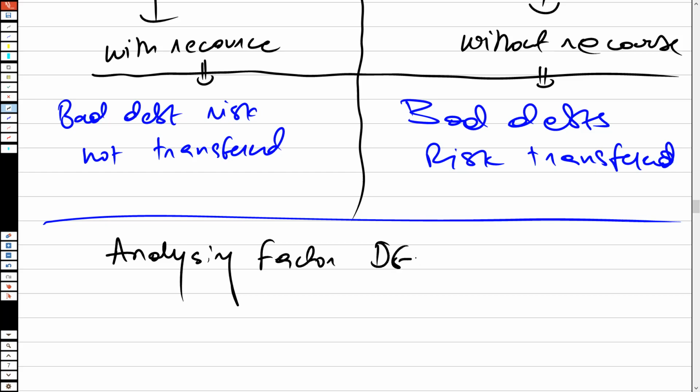So how would you analyze a factor offer? That is something that you need to know.